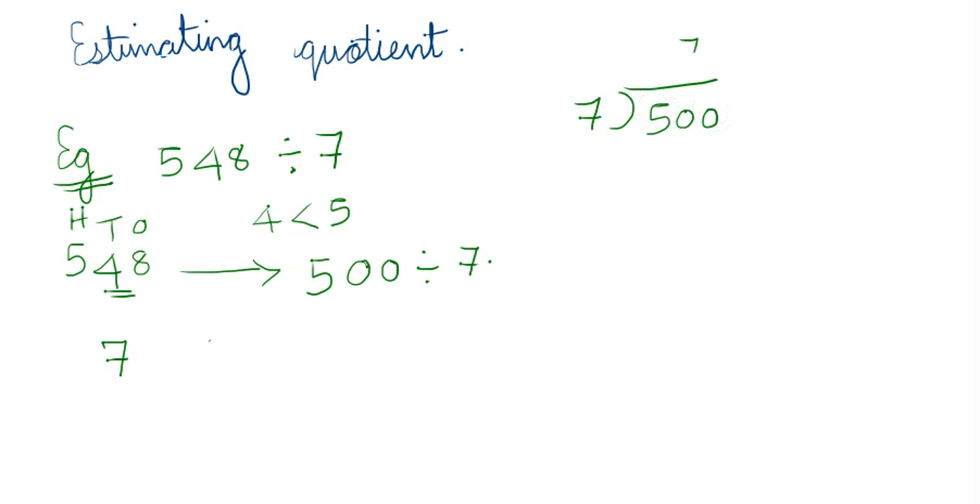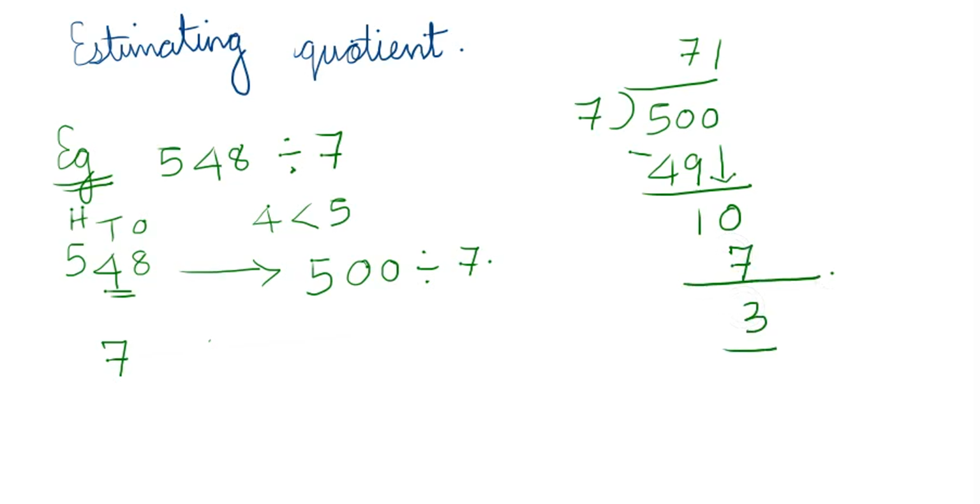So 7 sevens are 49. And when I'm subtracting, I get 1 and I bring down 0. So 7 ones are 7, right? And you have a remainder of 3.